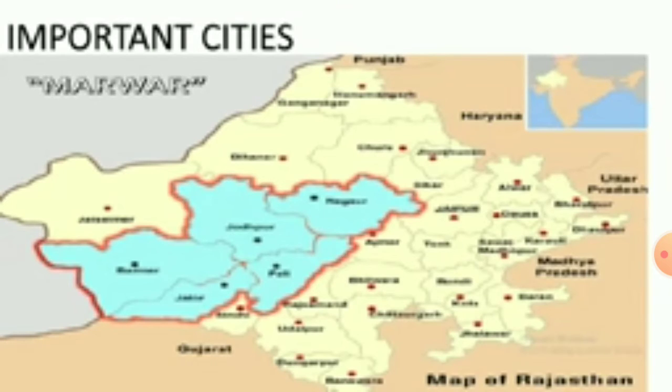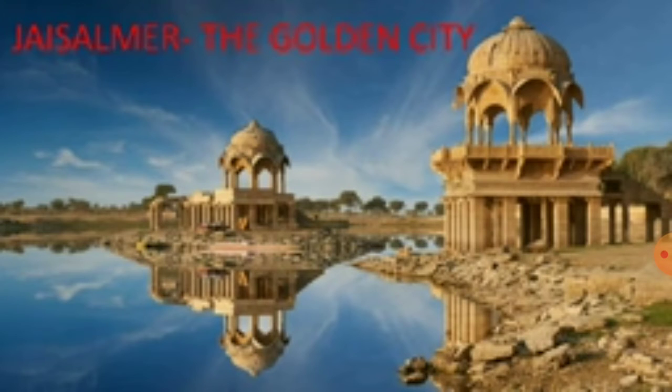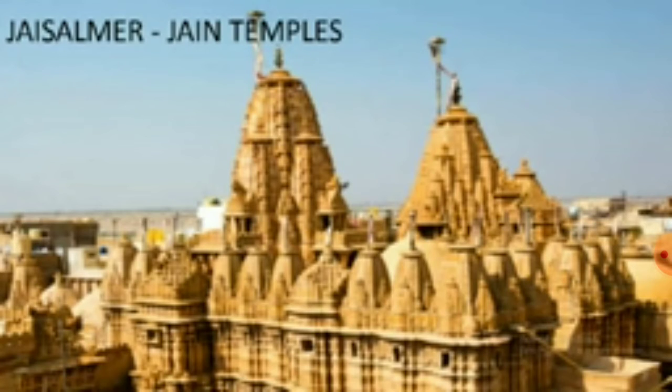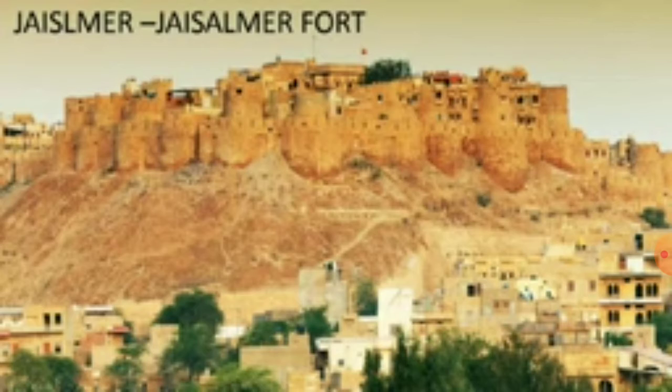The important cities. There are a few important cities in the desert region, and among them Jaisalmer, Jodhpur, and Bikaner are the important ones. Jaisalmer is also known as the Golden City. It is famous for its temples and Jaisalmer Fort.